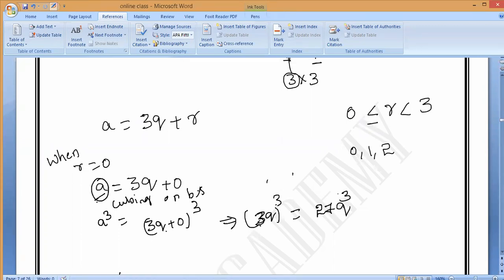Understand this one? So first, a cube equals 27q cube.